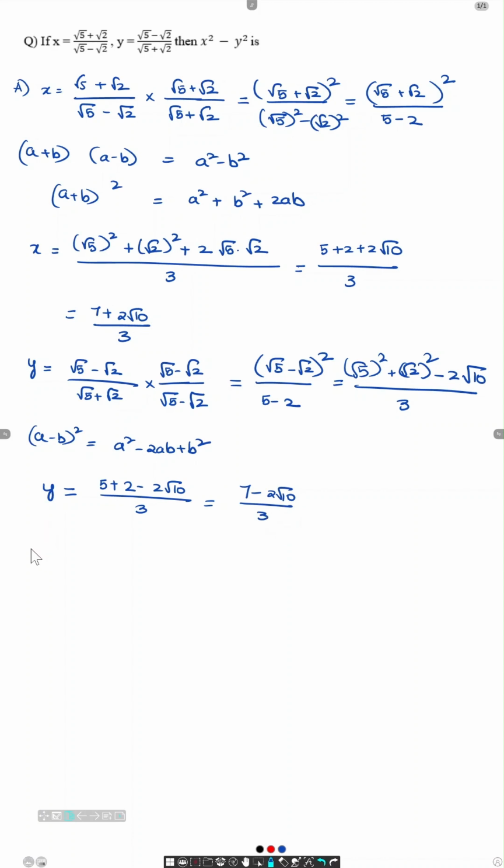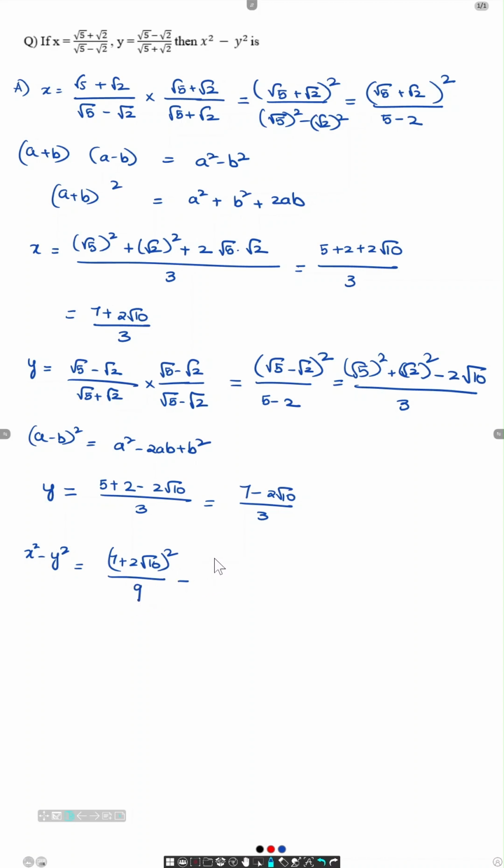Now we need to find x square minus y square. X square is nothing but (7 plus 2 root 10) whole square by 3 square, which is 9.